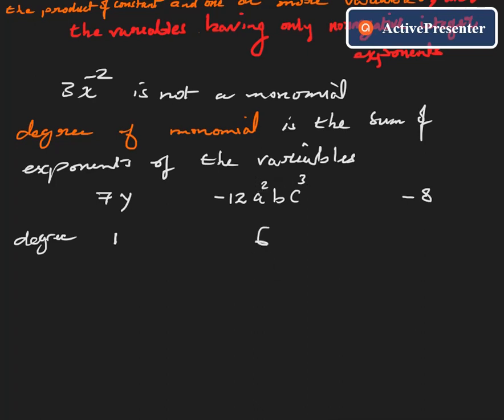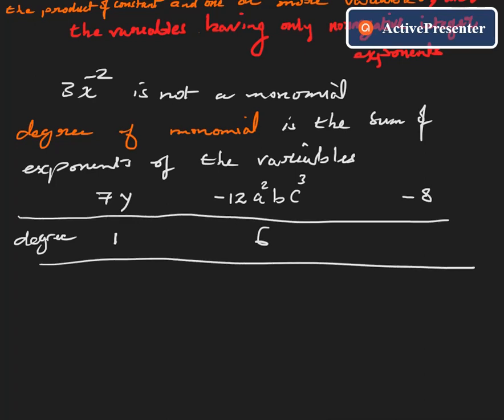The degree is 6. What about minus 8? It is like multiplying it by x to the power 0. Since x to the power 0 is 1, minus 8 multiplied by 1 is minus 8. So the degree of this monomial is 0.